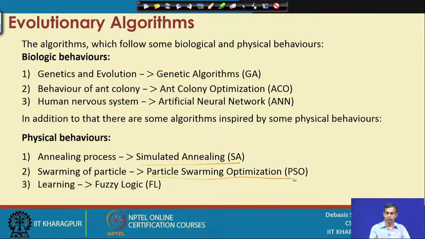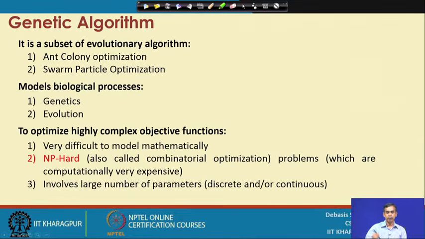It is called particle swarm optimization, or PSO. We have learned about fuzzy logic, and how fuzzy logic can be used to learn. This is also another physical behavior. So, all these concepts are followed in evolutionary algorithms. Now, in this lecture we will focus on a specific evolutionary algorithm.